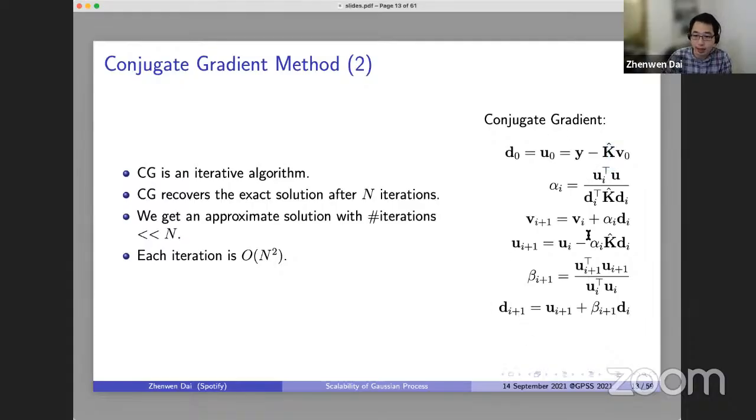On the right-hand side are the equations of this iterative conjugate gradient algorithm. I will only describe some characteristics of it.